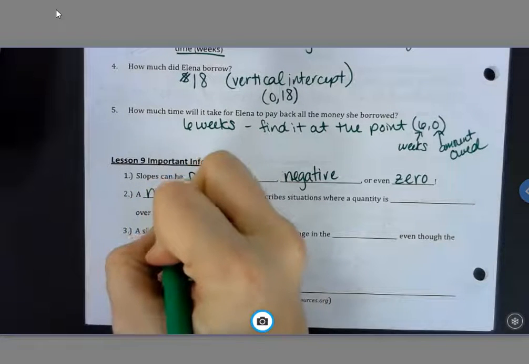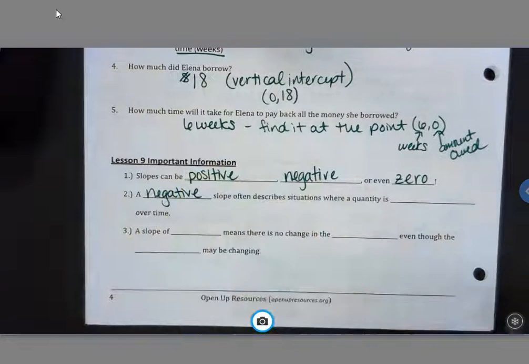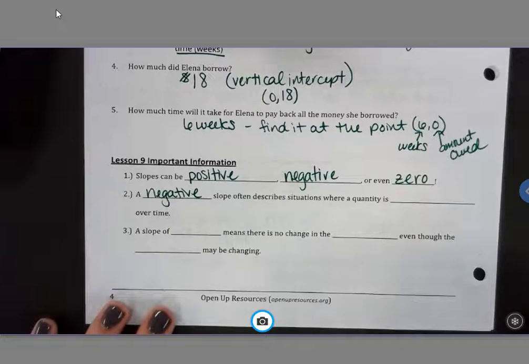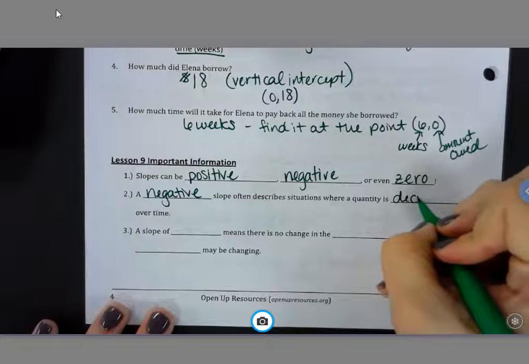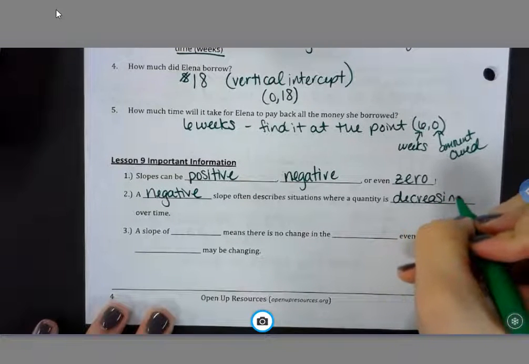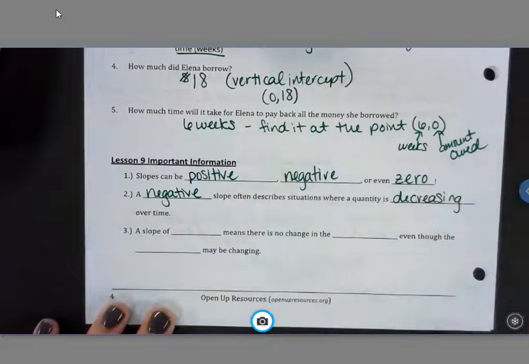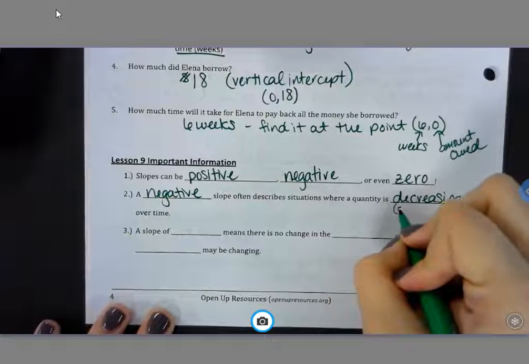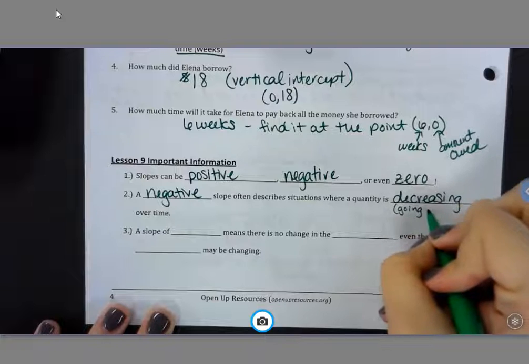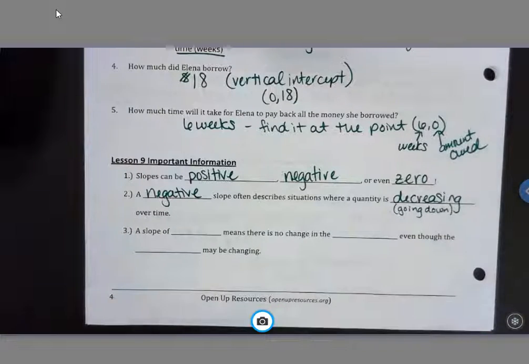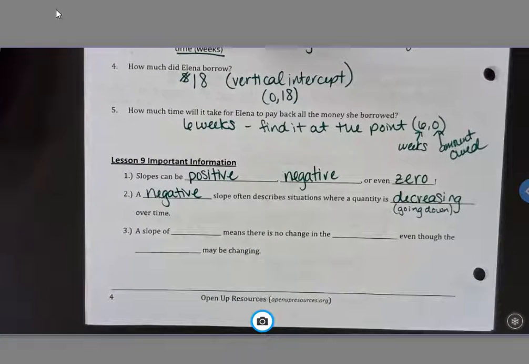A negative slope often describes situations where a quantity is decreasing over time. I'm also going to put in parentheses going down over time.